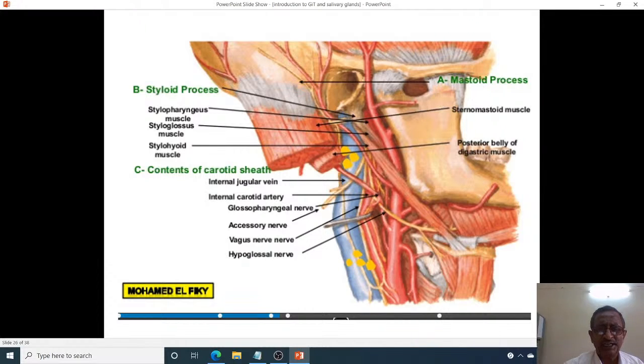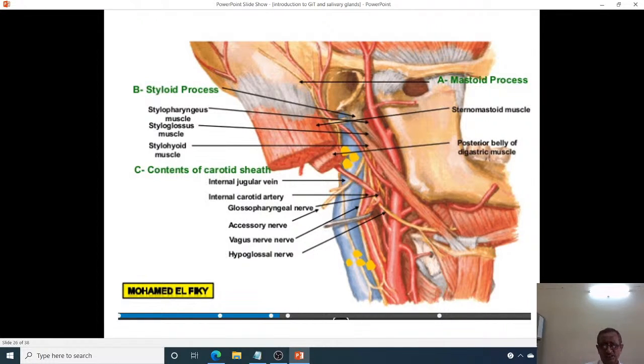That means the 9th, 10th, 11th and 12th nerves. So we have 4 nerves, 1 artery and 1 vein in the carotid sheath, which form the posterior medial relation of the parotid gland.